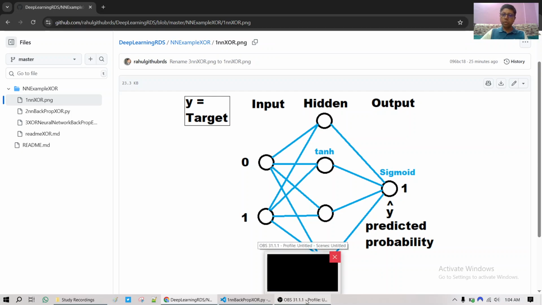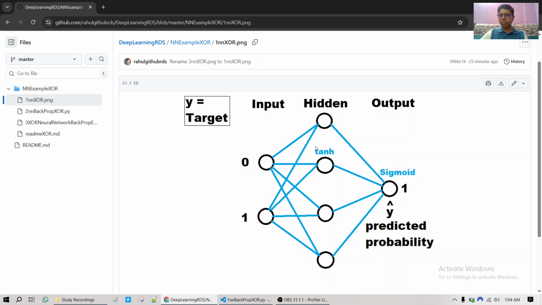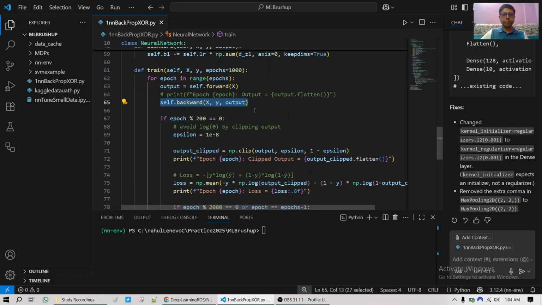So once we get this, each time we are going to compare: are we close to the target? The output of the output layer, is it exhibiting a similar result close to the target? Yes or no, right? After that, we are going to adjust. Here comes the backward propagation. Guys, this is a very important concept, because the actual learning that is taking place is in the backward propagation layer.